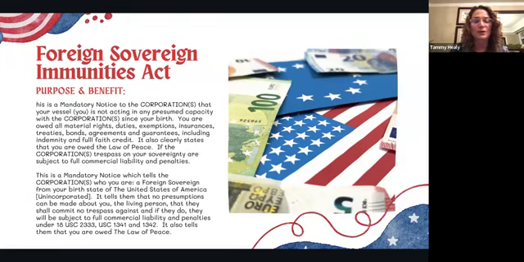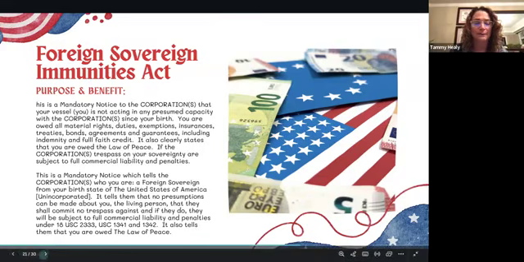It tells them that no presumptions can be made about you, the living person, that they shall commit no trespass against you, and if they do, they will be subject to full commercial liability and penalties under 18 USC 2333, USC 1341, and 1342. It also tells them that you are owed the law of peace.